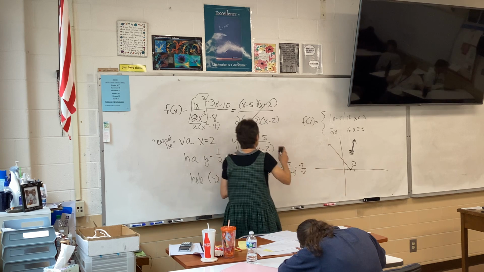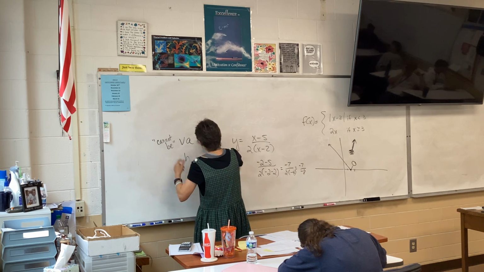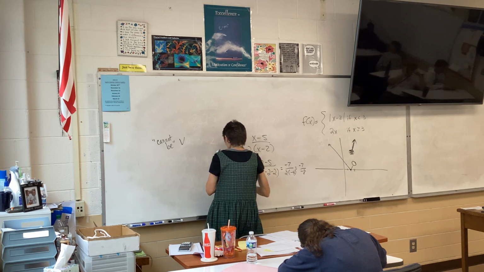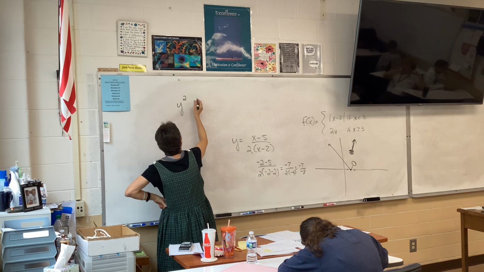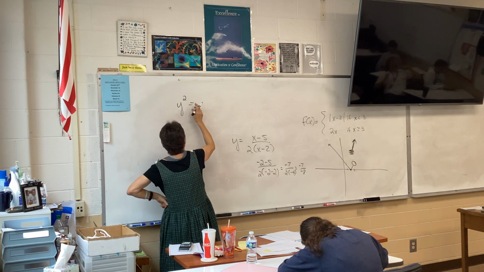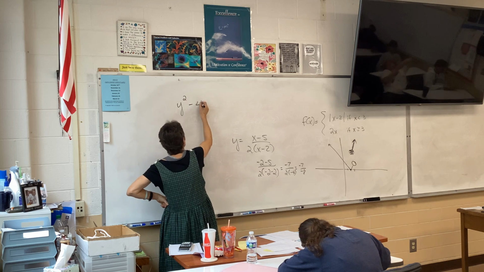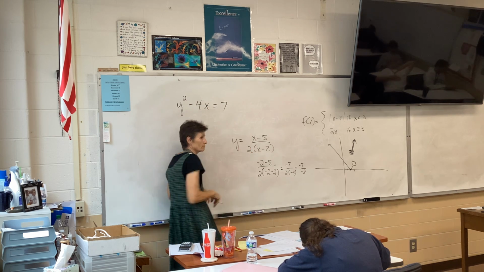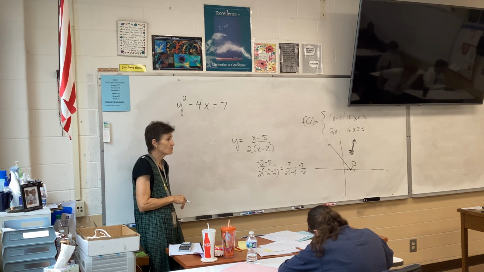Directions are going to say find the implicit functions. So the equation's going to look something like this. Find the implicit function, so what do we need to do?